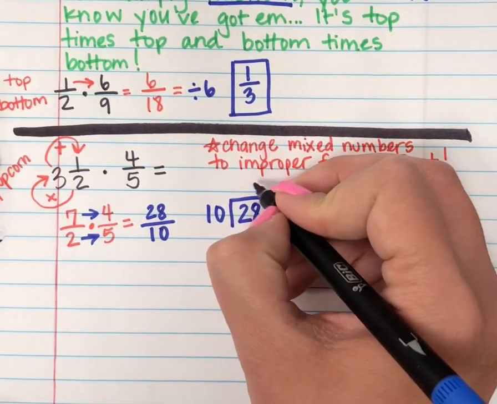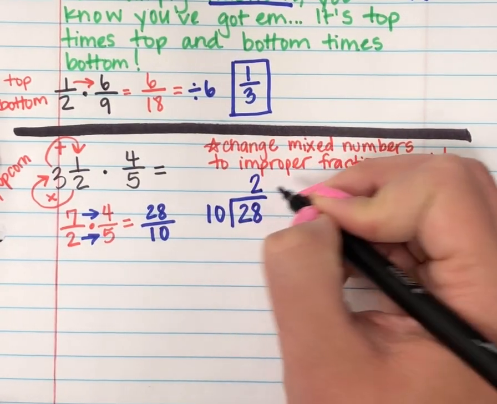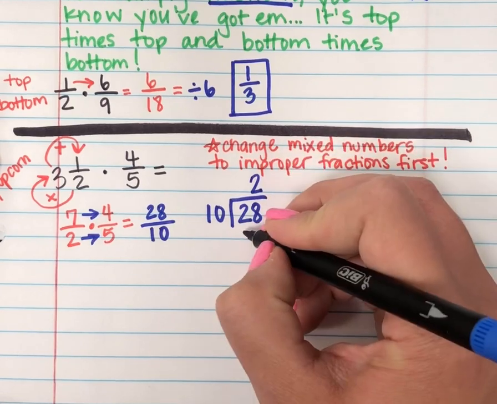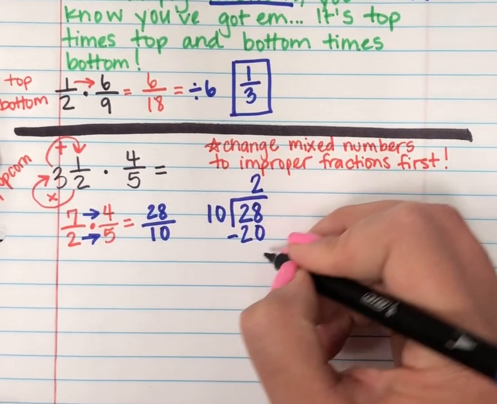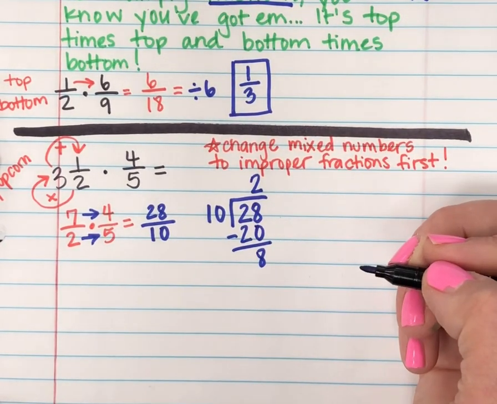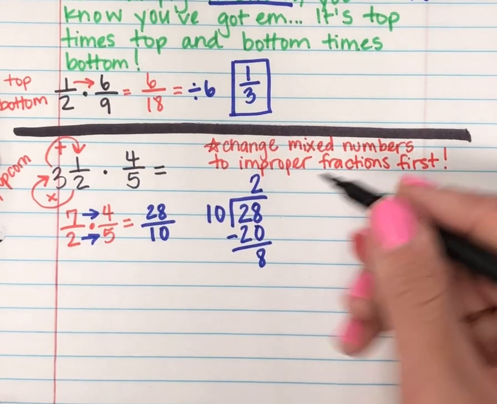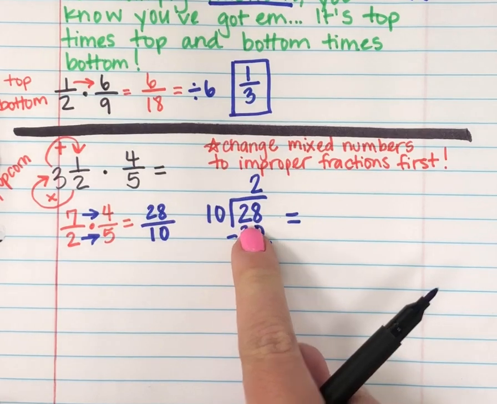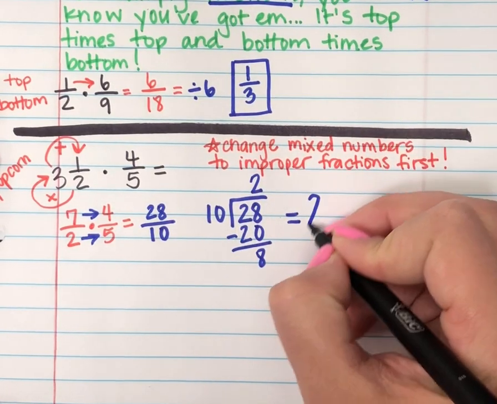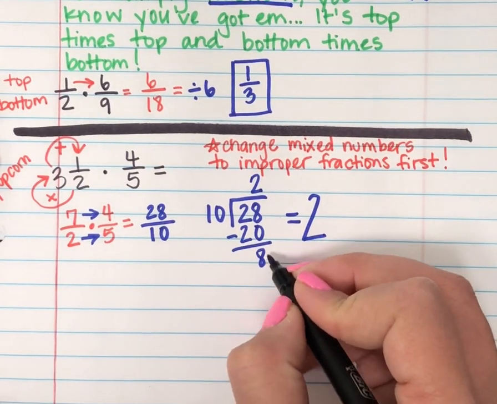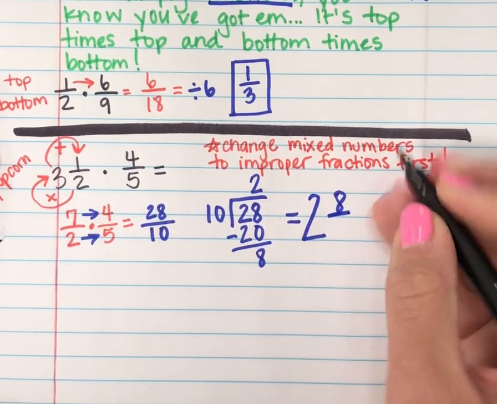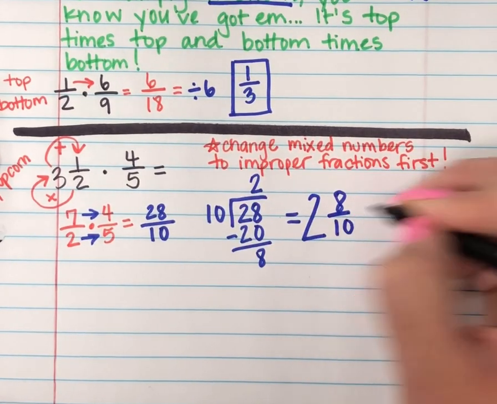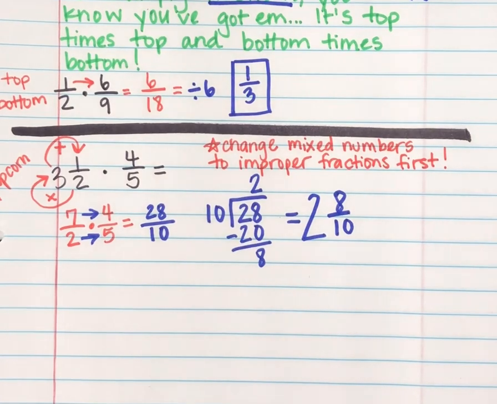So 10 goes into 28 2 whole times. 2 times 10 is 20, and there's 8 left over. Okay, so now we need to write this as a mixed number. So 10 went into 28 2 whole times with 8 pieces left over out of 10. Okay, so 2 and 8/10.